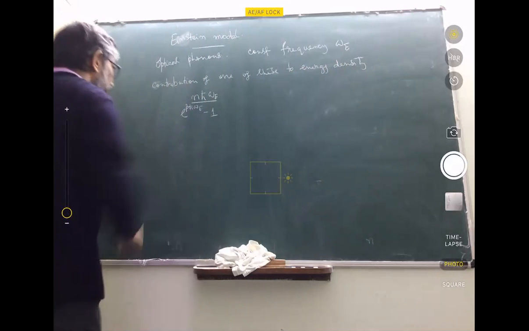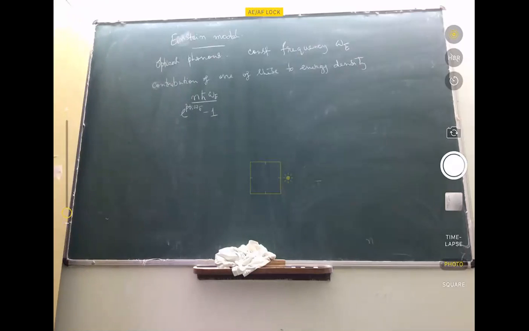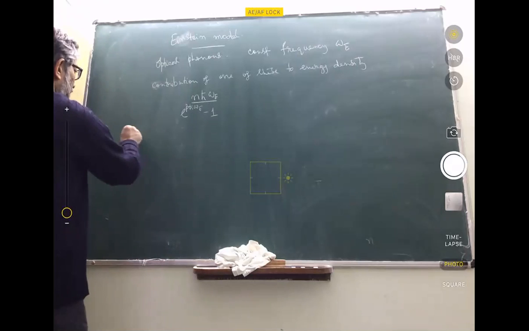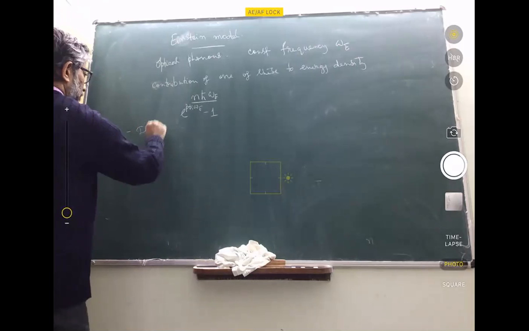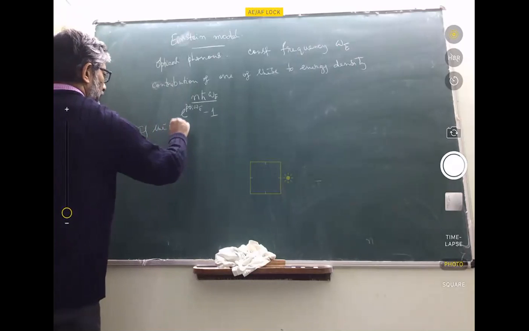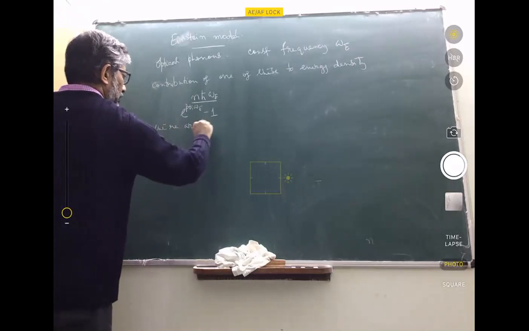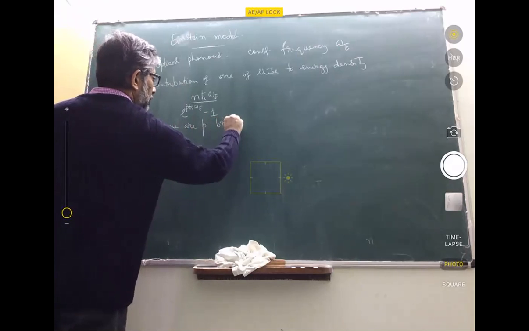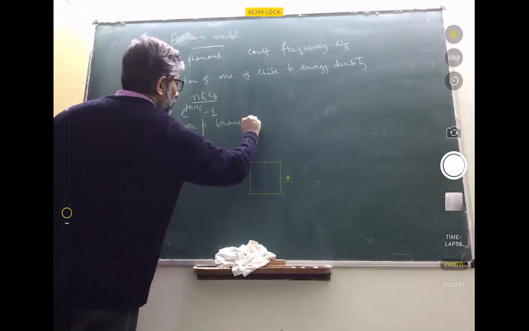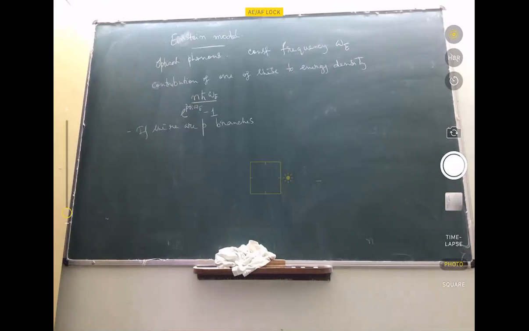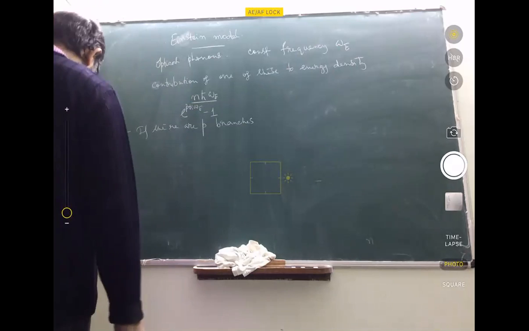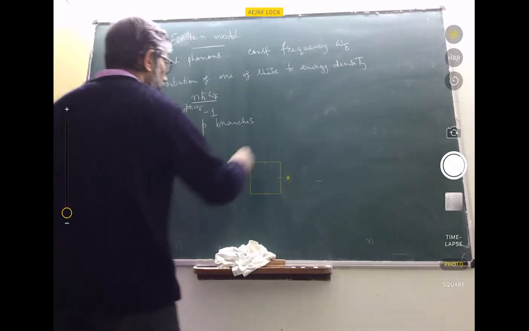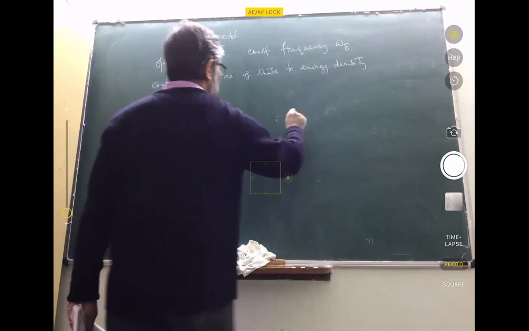So this n here is the number density, capital N over V. And if there are p branches of optical modes, then you just multiply that by p.